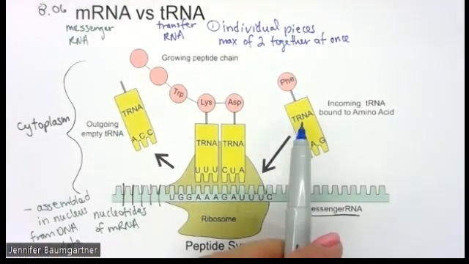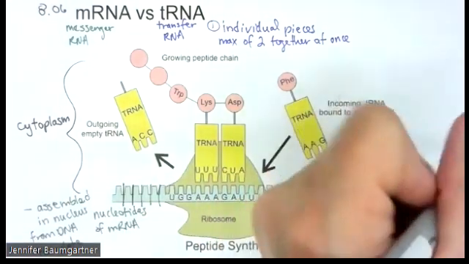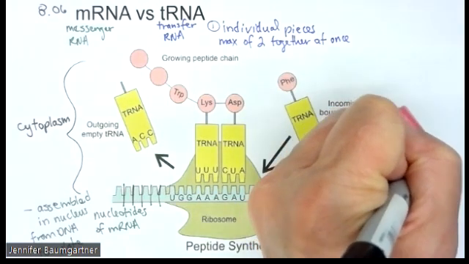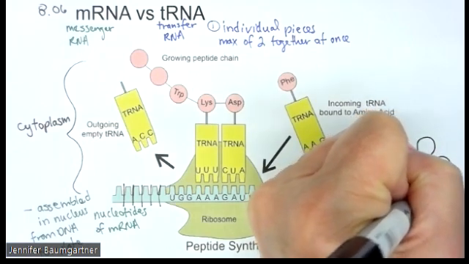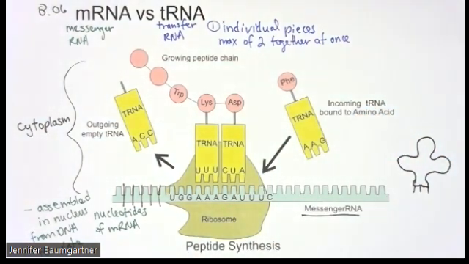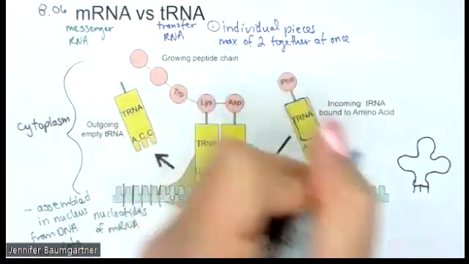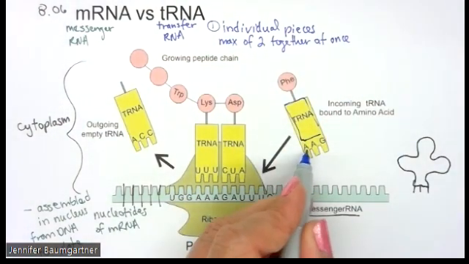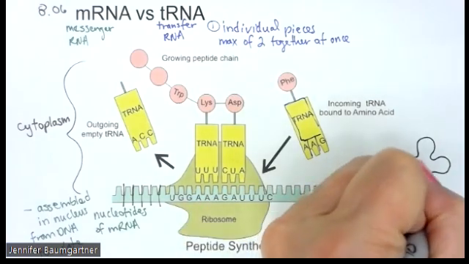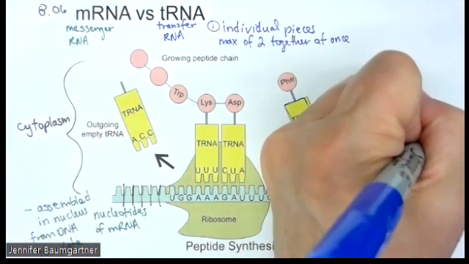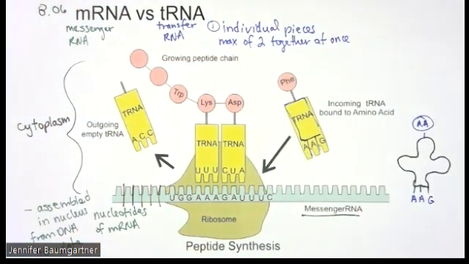So here we go. Let's look at the structure. Now the actual structure, I'll just draw it over here to the side. It looks a little bit like a 4-leaf clover. So the part that's in yellow here, this box that's in yellow, actually looks like this. On one side, it has 3 nucleotides, so this would be the A, G. And on the other side, it has an amino acid, AA for an amino acid.